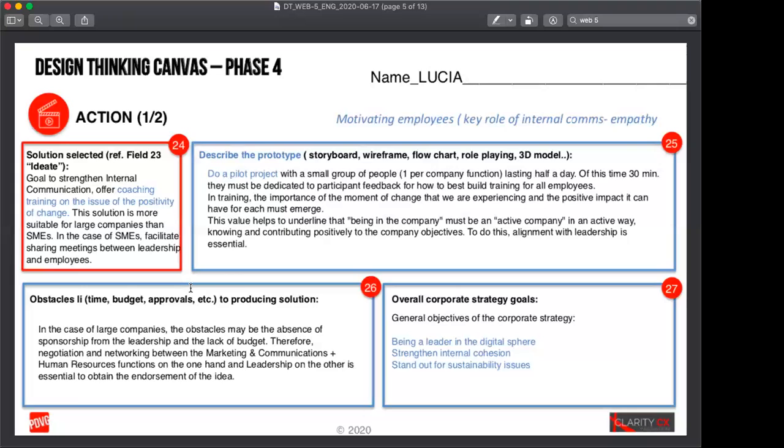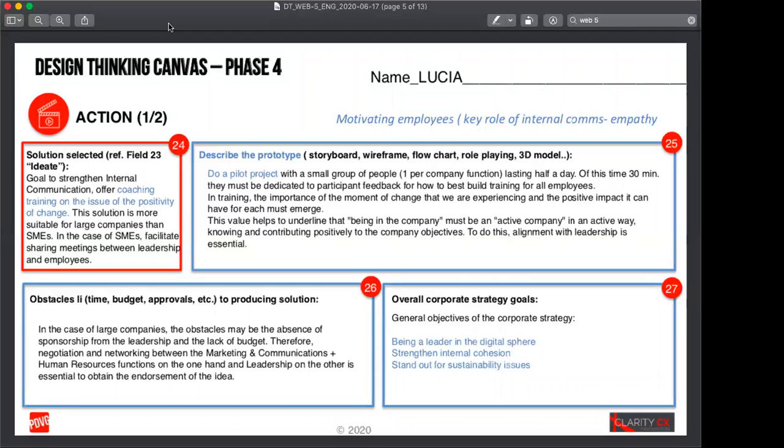If we look at the canvas, we look at her original problem, which was she identified the issue, especially in this period of crisis and people smart working, of maintaining employee engagement, motivating employees, especially a key role for internal communications, creating some empathy in this area when everybody's separated and working by Zoom and email.